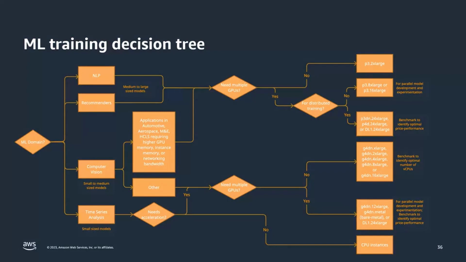By asking yourself these questions, that will lead you to the different options of GPU instances. So you don't have to always say, hey, I want the most advanced GPU. Of course you can use it, but it may not speed up much for your training.